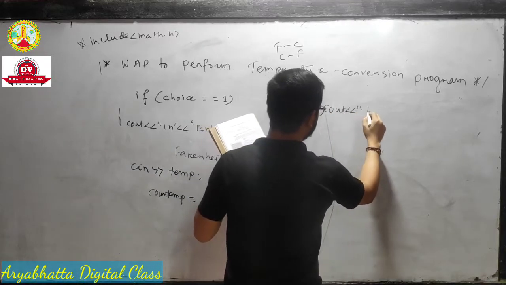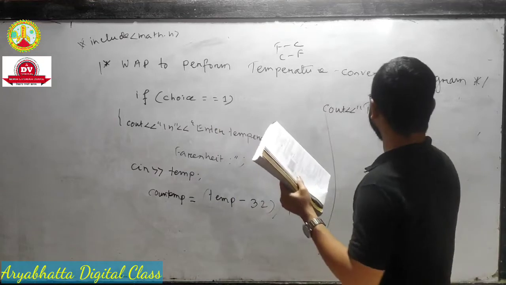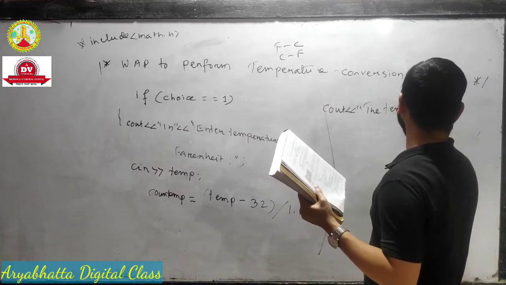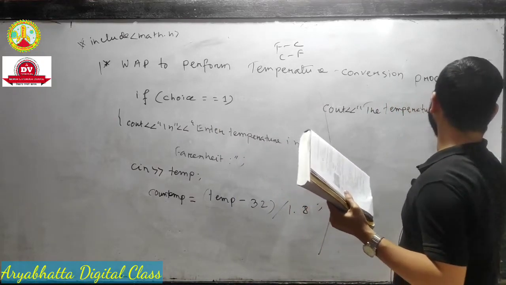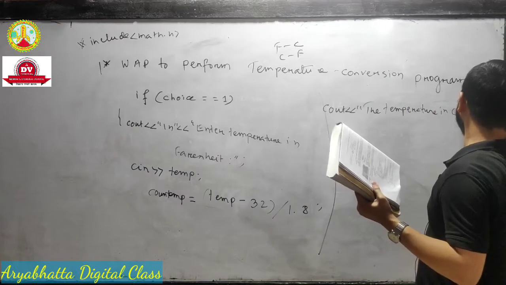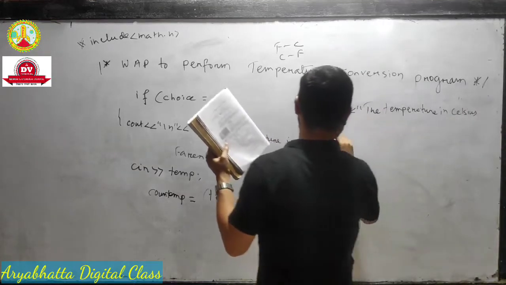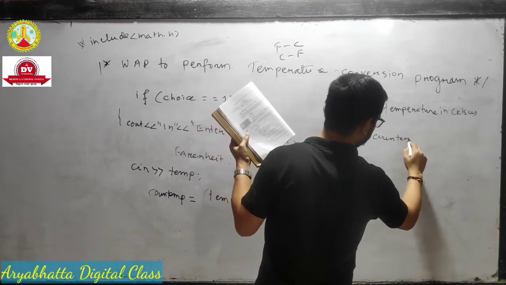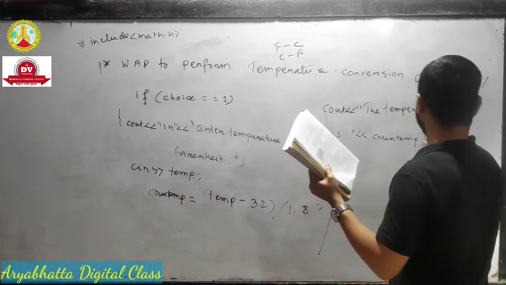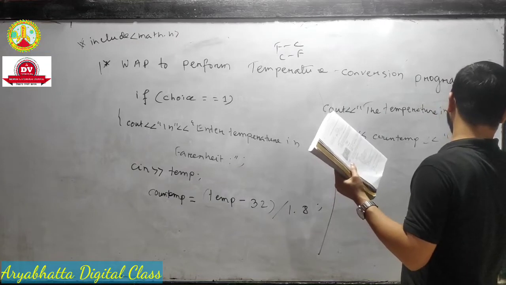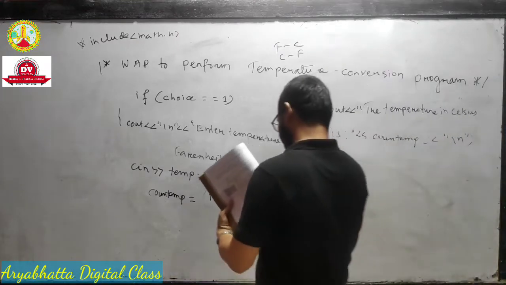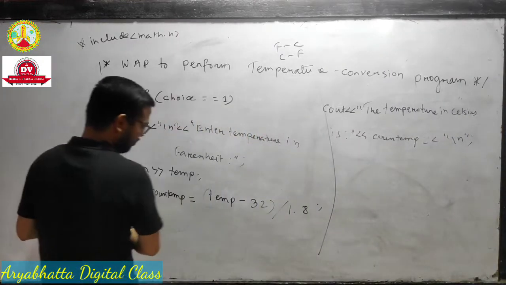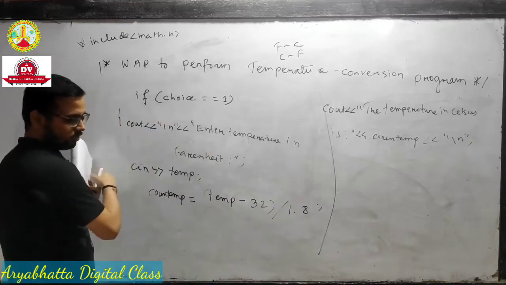And this is for output: the temperature in Celsius is, what is the output? count temp. In count temp the output value is stored.